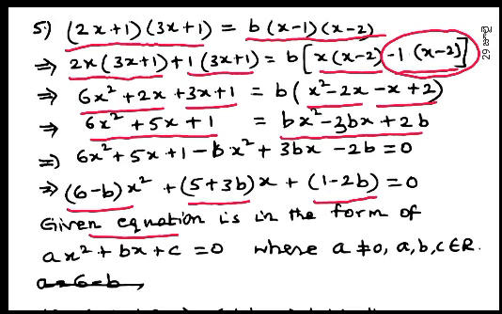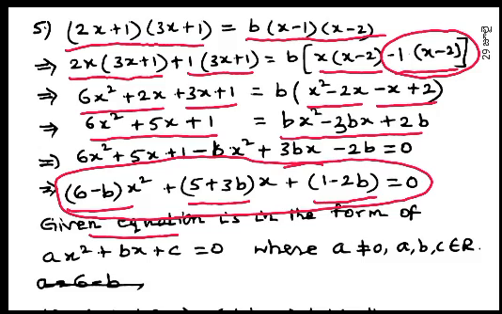The given equation is rearranged like this: (6 - b) multiplied by x² plus (5 + 3b) multiplied by x plus (1 - 2b). So this is in the form of ax² + bx + c.